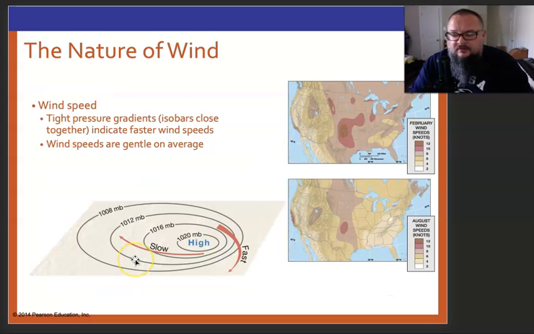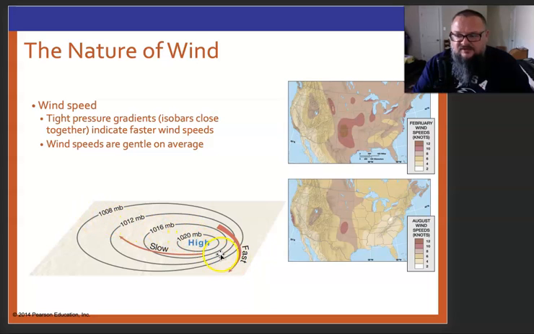Now, when we look at a weather map that has isobars on it, we'll notice that sometimes the bars are farther apart from one another, sometimes they're closer together. And in terms of these gradients, what that means is that the distance traveled to get from high pressure to low pressure going this way is less than it is going this way.